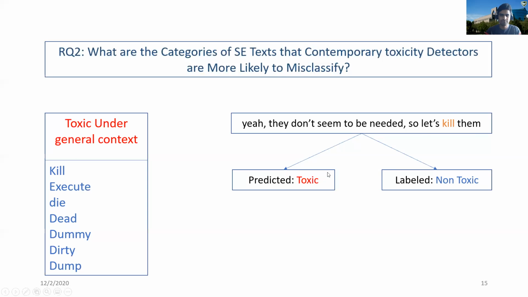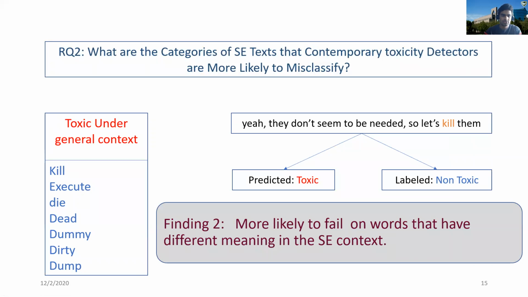So our selected tools predicted this sentence as toxic, but it's labeled as non-toxic in the software engineering domain. So our finding 2 is that most of the tools are more likely to fail on words that have a different meaning in the software engineering context.